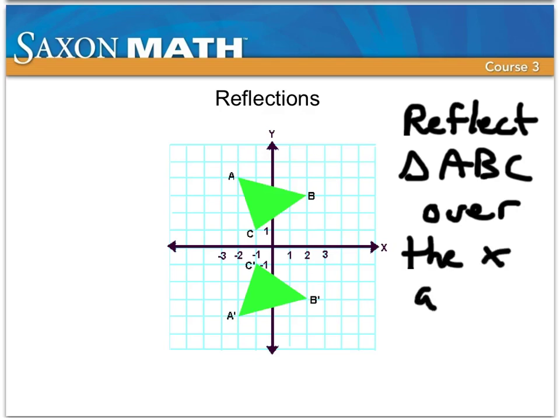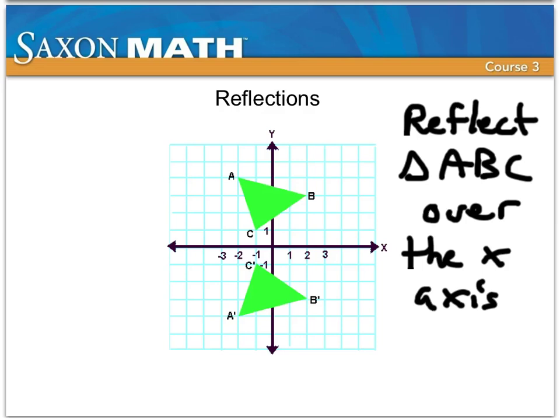Okay? So notice what we did. I told what I did. I reflected. I told what I reflected, the triangle ABC. And over what line? Over the x-axis right here. Okay? If I reflected it over line CB, then I would say I reflected over line CB. But I'm reflecting over the x-axis. Alright, so that's how we talk about reflections.